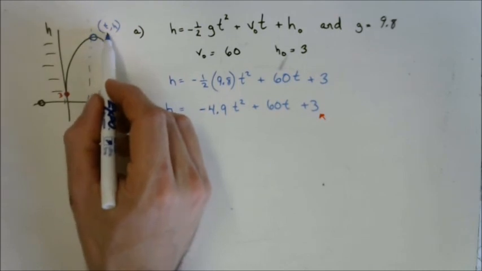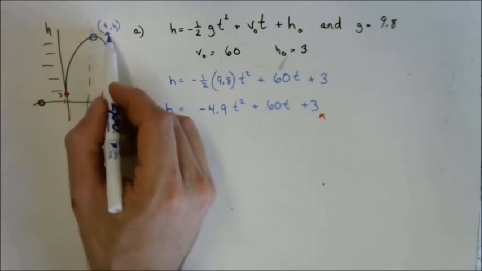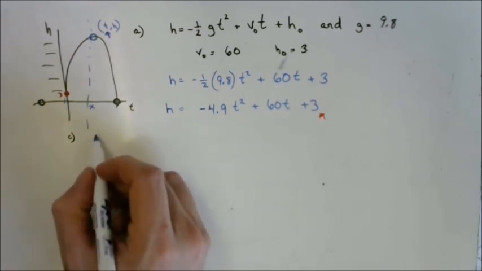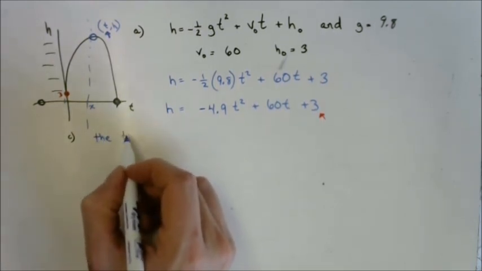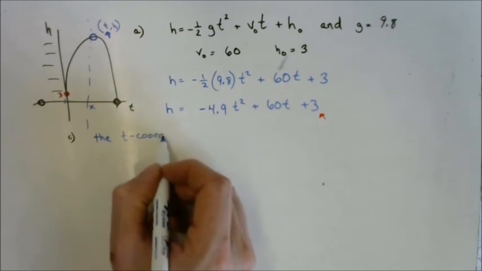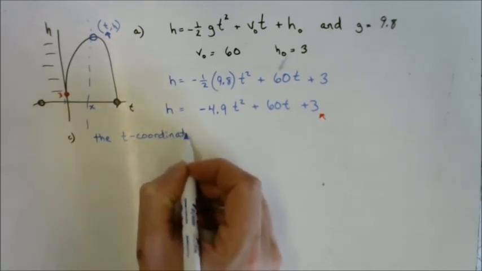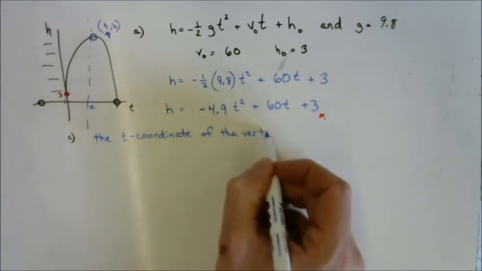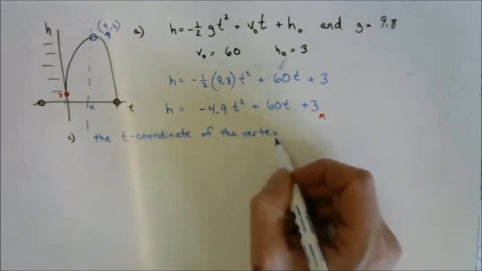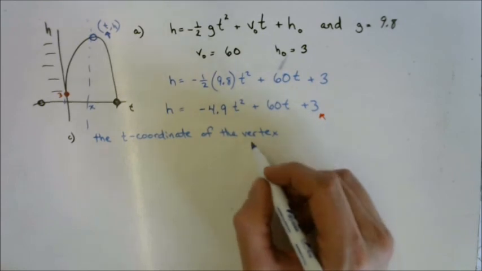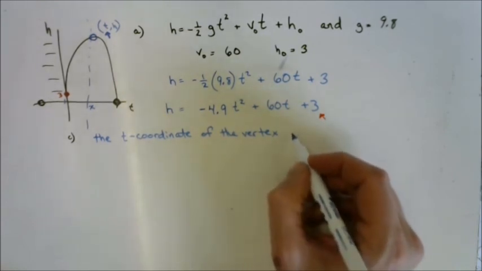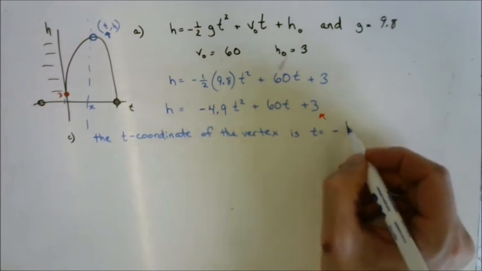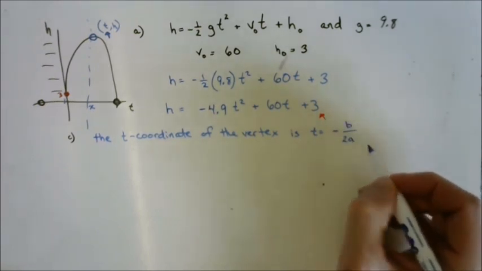So we can actually find the t coordinate of the vertex. You could find the average of the two. The t coordinate of the vertex is t equals negative b over 2a.